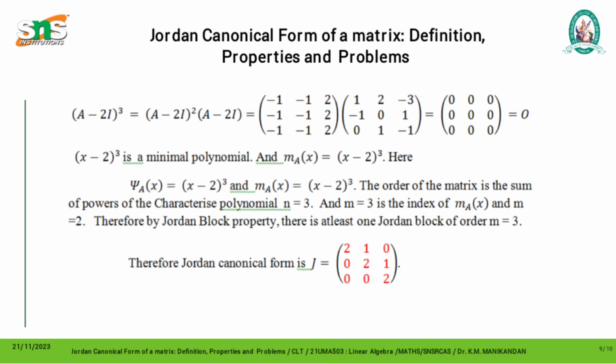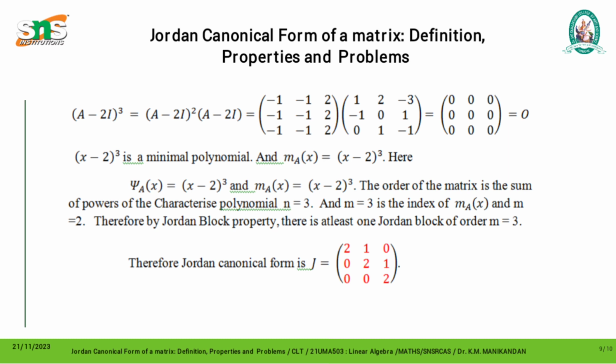Then we check A minus 2I the whole cube, which is equal to 0. It satisfies the Cayley-Hamilton theorem. So (x minus 2) whole cube is the minimal polynomial, and m_A(x) is equal to (x minus 2) the whole cube. So by property, there is at least one Jordan block of order 3. Here m equal to 3.